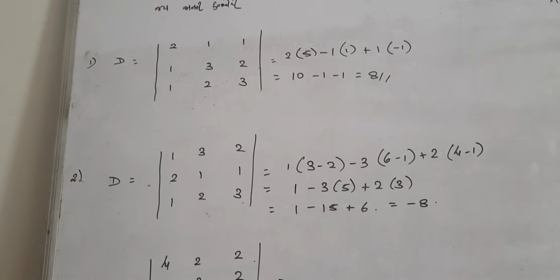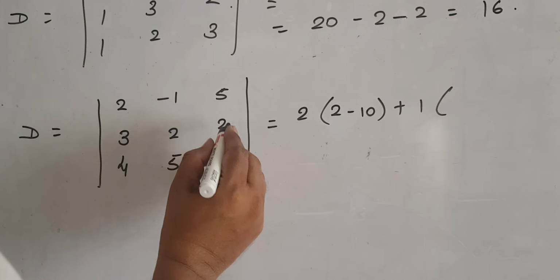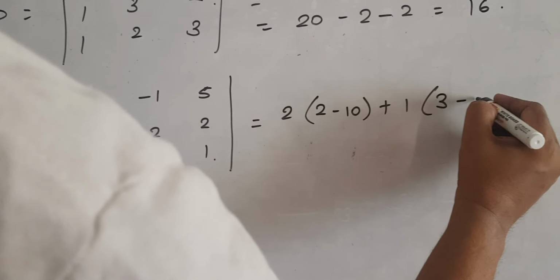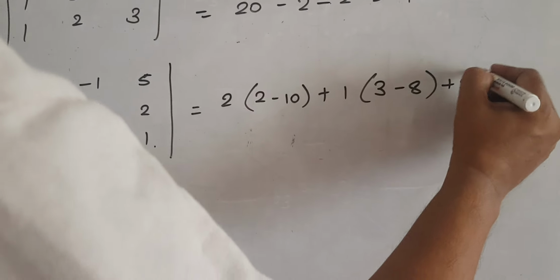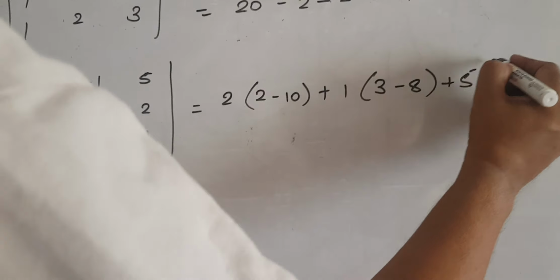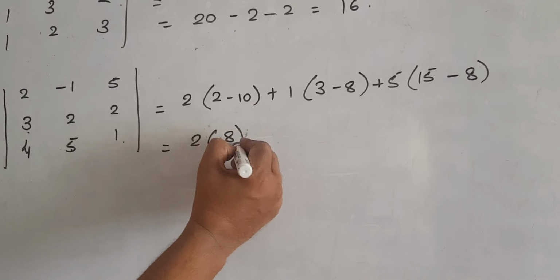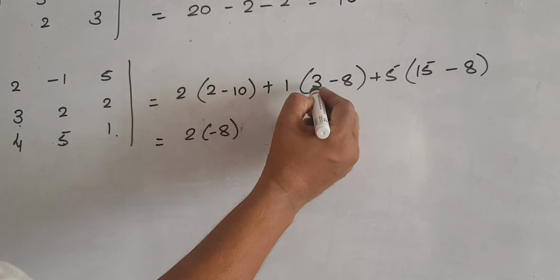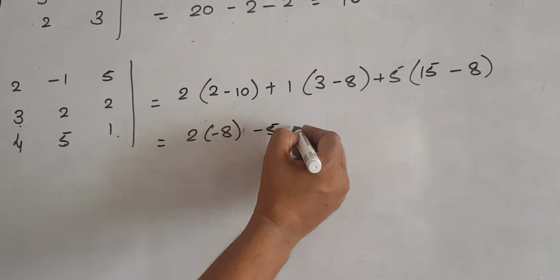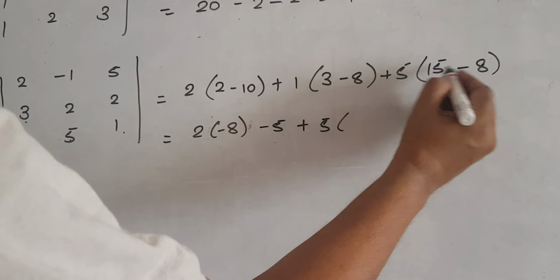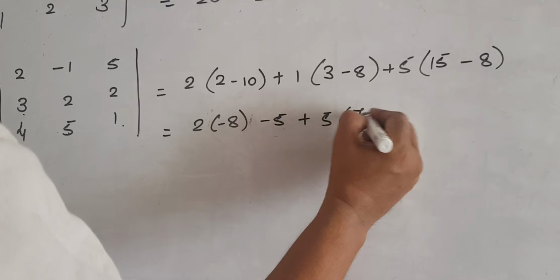See here, 2 into 2 minus 10 plus 1 into 3 minus 2 4s are 8, plus 5 into 5 3s are 15 minus 4 2s are 8. So this should be minus 8, plus, sorry, 3 minus 8 is minus 5, plus 5 into 7.